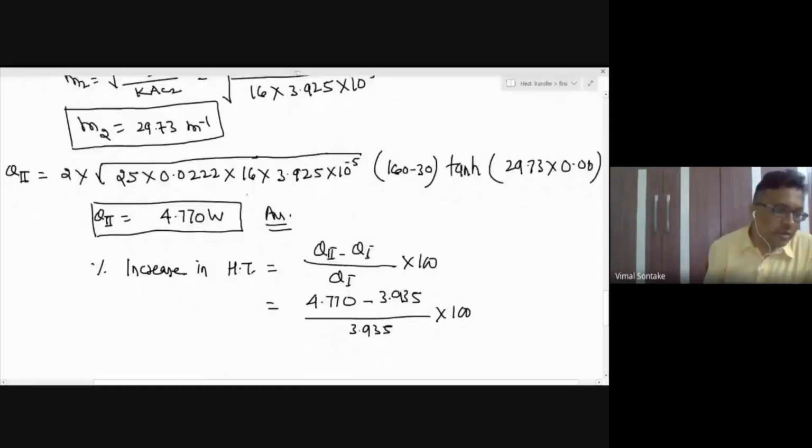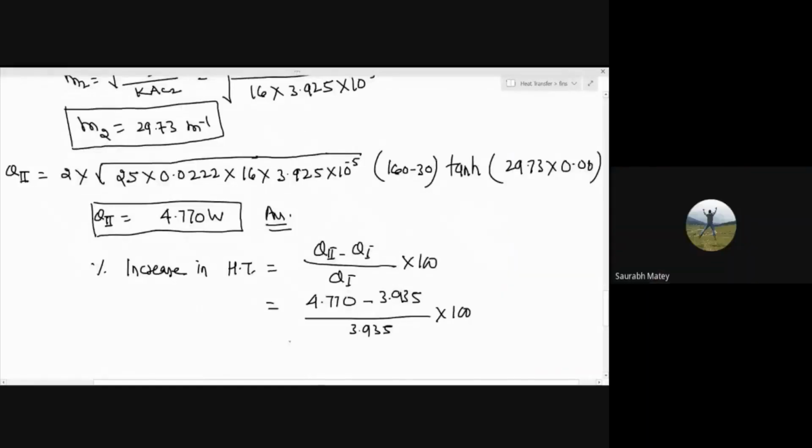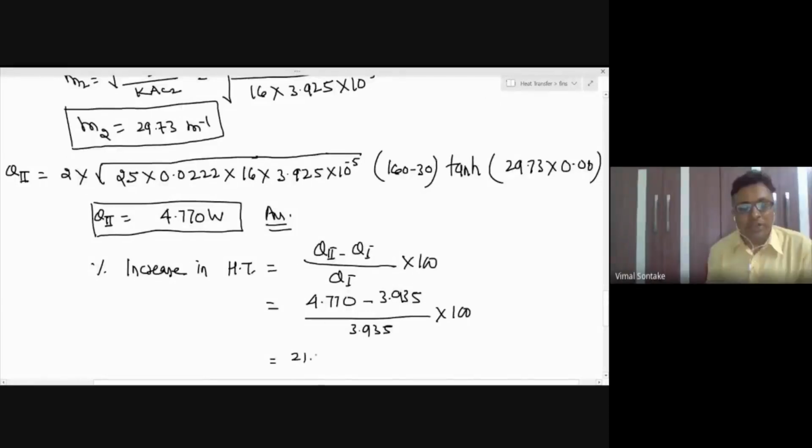So this will be around how much? 0.2121. That is 21.2%, isn't it? Yes, like 21%, yes.